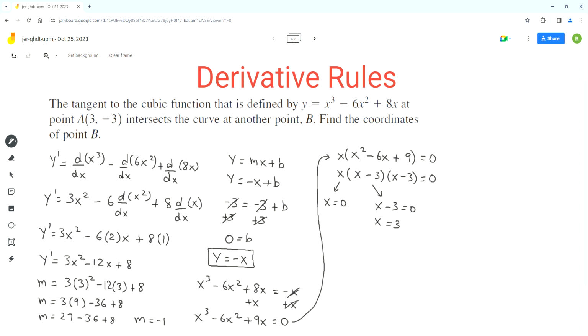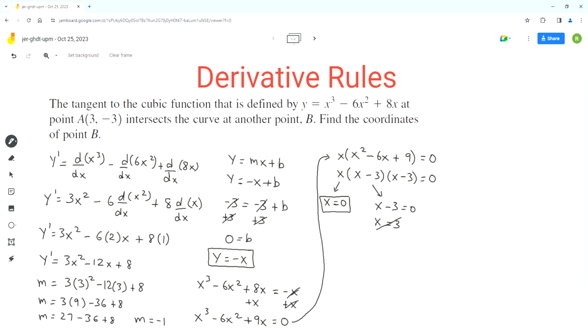Now we are already given that the curve is touched by the tangent at the point (3, -3). So that point A is represented by the second solution we got. So x equals 3 cannot represent the x value for point B. So that means the x coordinate for point B is x equals 0.